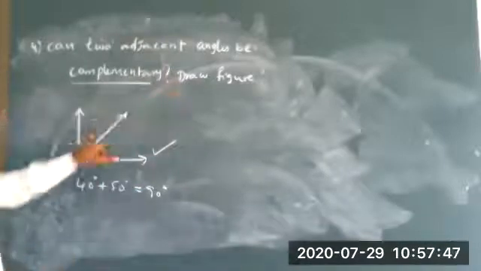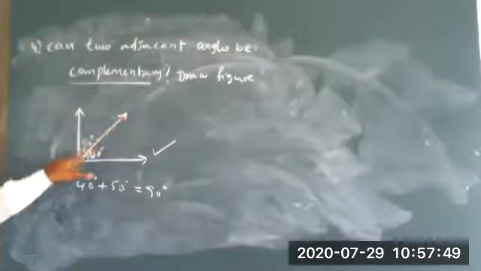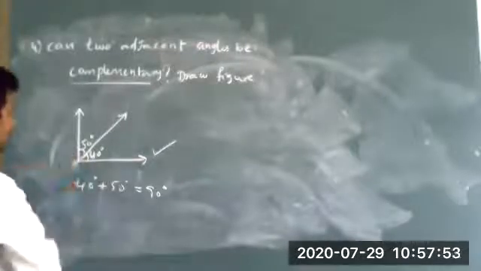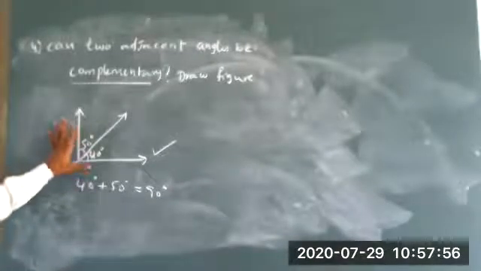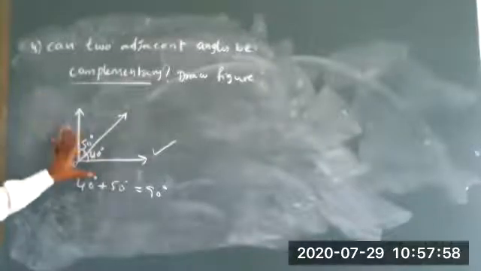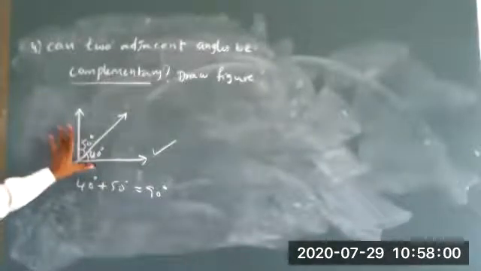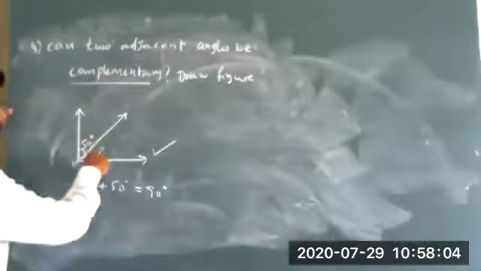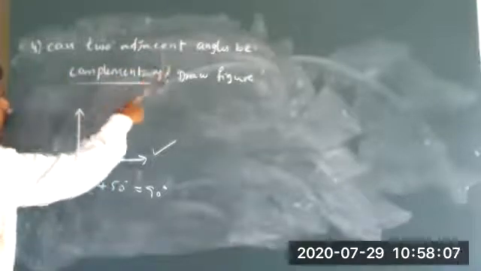Why? Because they have a common arm and a common vertex. So it is the figure of two adjacent angles being complementary.